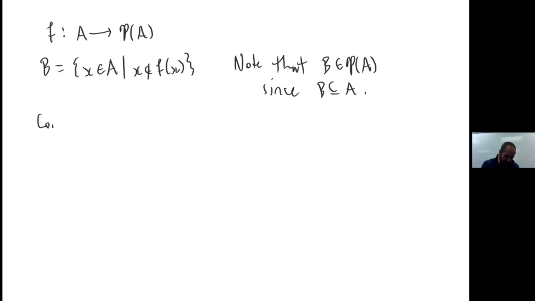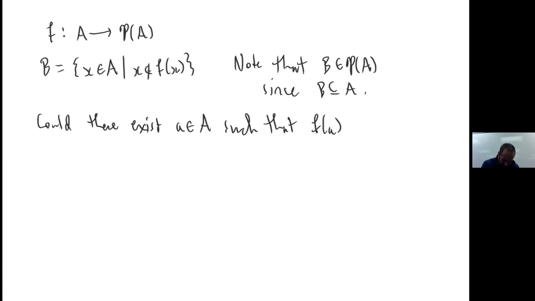Now, could there exist A in big A such that f of A is equal to B? Okay? That's the big question. Could there exist something in there such that f of A is equal to B?